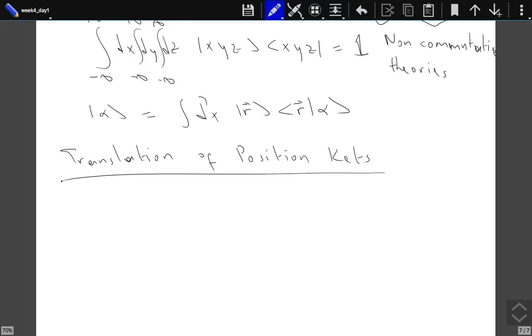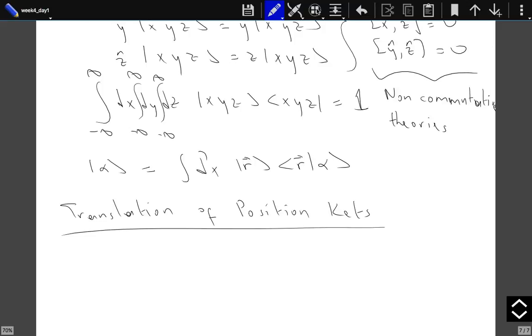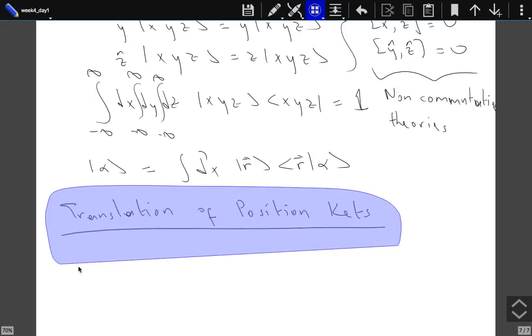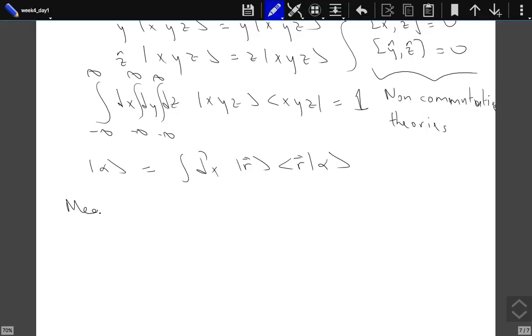Let's look at what we mean by translation. Because the commutation of the x, y, and z will eventually come, we will discuss it later on. In fact, let me not jump. Before the translation of position, let me look at the measurements.